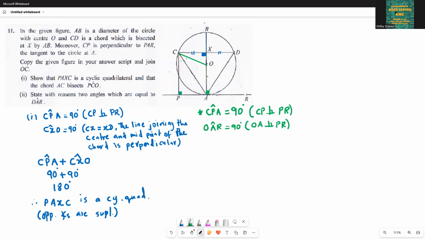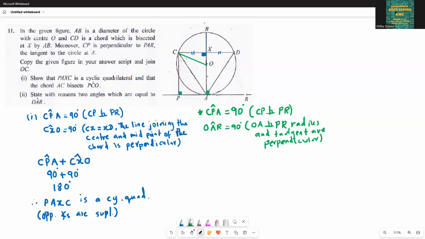Or else we can write that the radius and the tangent are perpendicular, according to that theorem, that is 90 degrees.